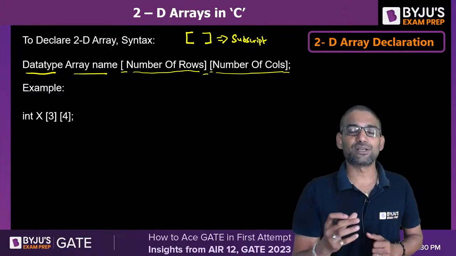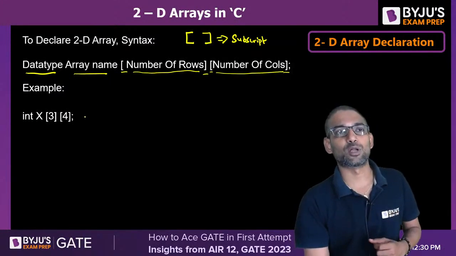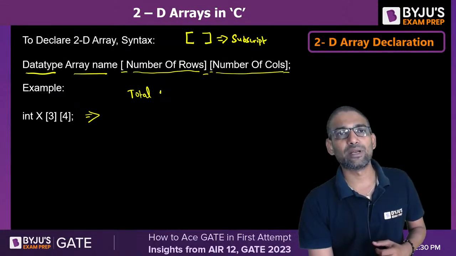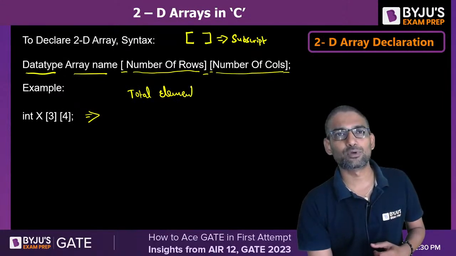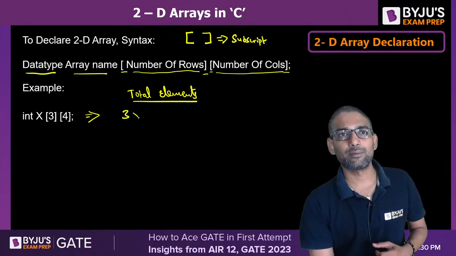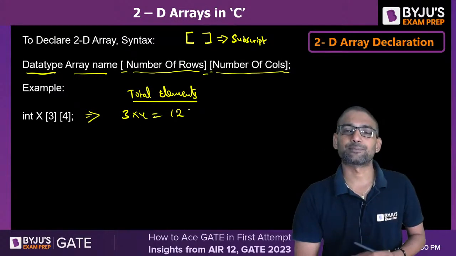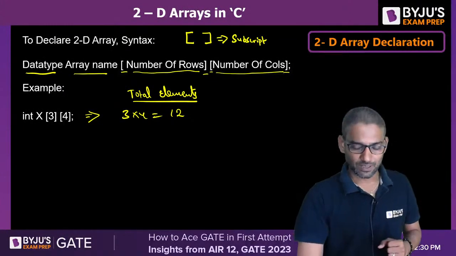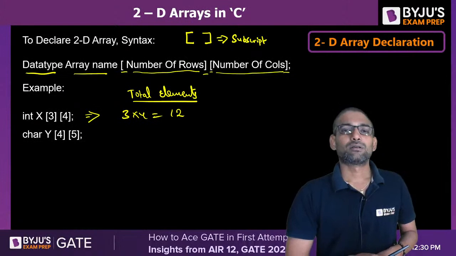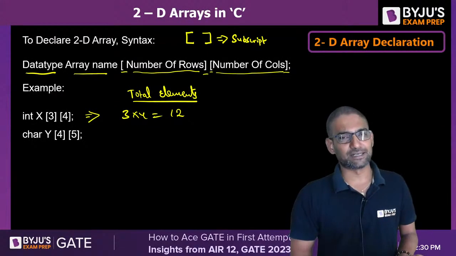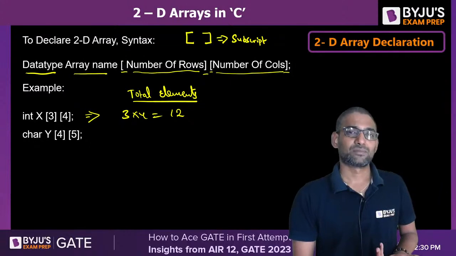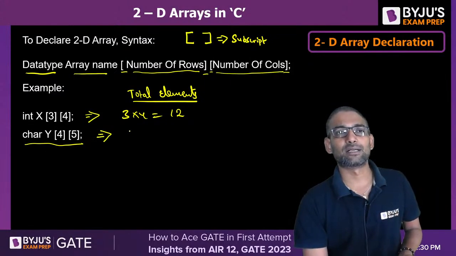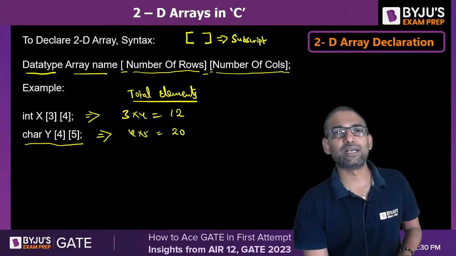So it's an integer array with 3 rows, 4 columns. That means total number of elements, how many? 3 rows, 4 columns. So that is 3 by 4, 12 elements. 12 integers we would like to create. You need not always use int, guys. You can use any data type. So let's say char y[4][5]. So total there are 4 by 5, 20 characters.